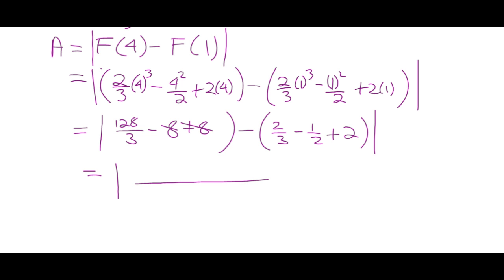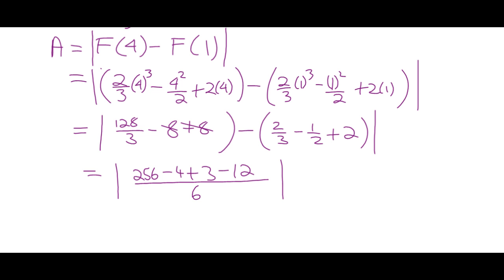So let's put it all over 6, because 6 is going to be our common denominator. I'm going to collect all these terms. All right, so this becomes 256. These are gone. We've got minus 2/3, so you're going to go minus 4. We've got plus 1/2, minus negative, plus 1/2 will become plus 3, and we've got minus 2, which will be minus 12, because 2 has got to become something over 6.